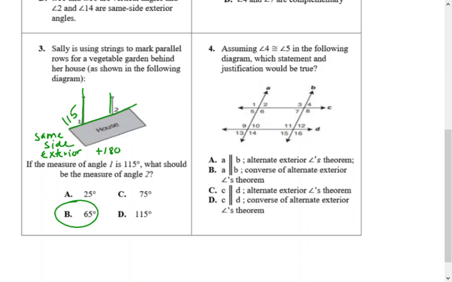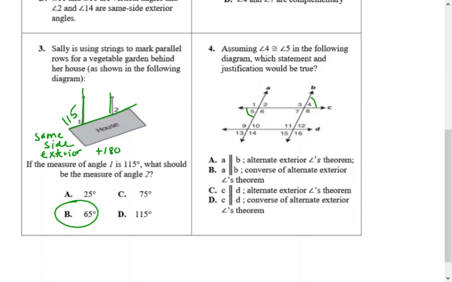And number 4, we have assuming angle 4 is equivalent to angle 5. So we're told this, angle 4 and angle 5 are equivalent. So, what can we tell here?